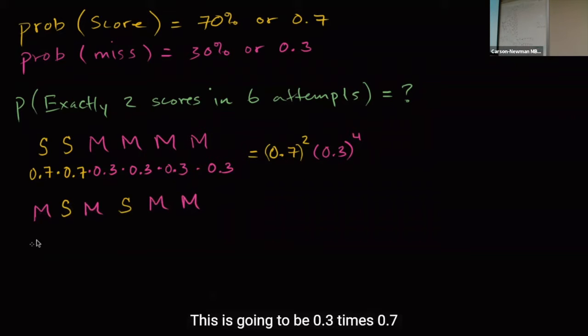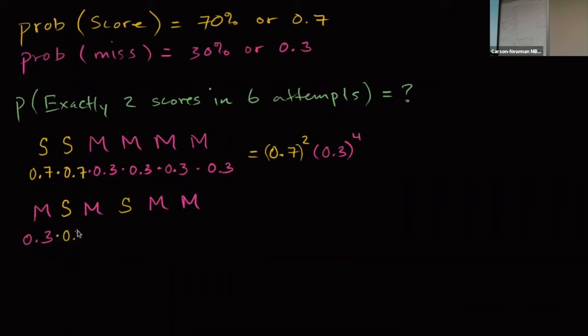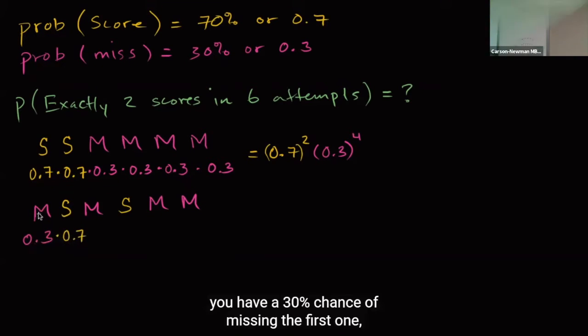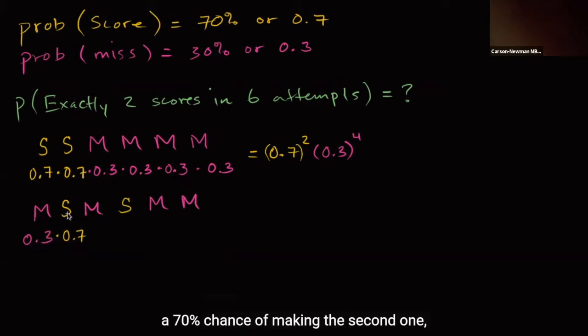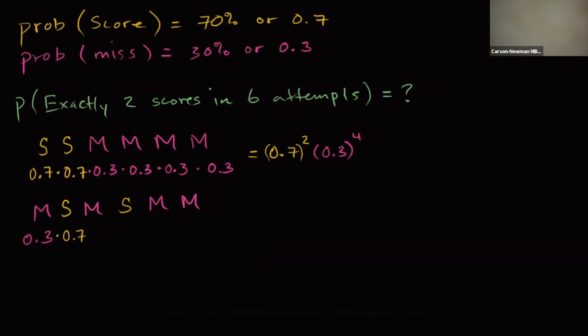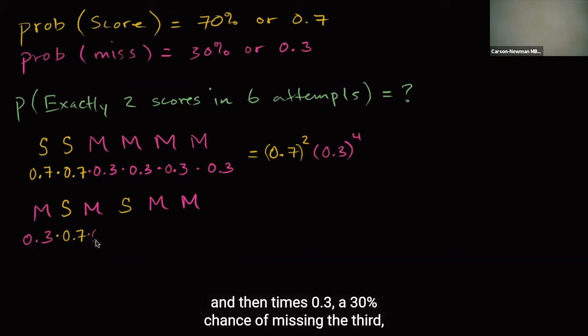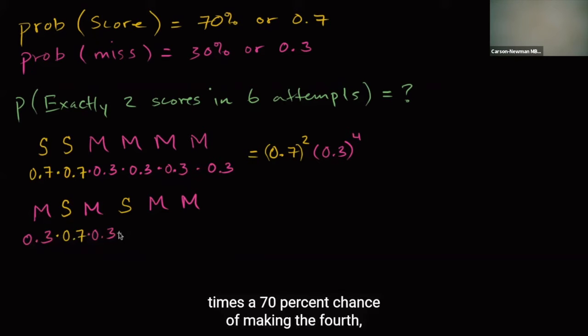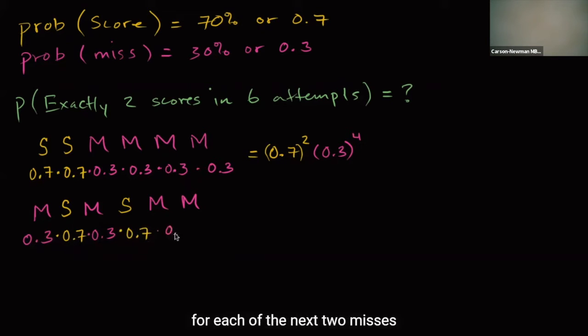This is going to be 0.3 times 0.7. 30% chance of missing the first one, 70% chance of making the second one, and then 0.3, 30% chance of missing the third, times a 70% chance of making the 4th, times a 30% chance for each of the next two misses.